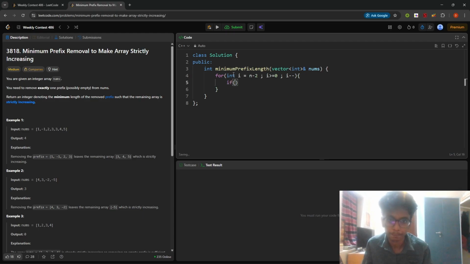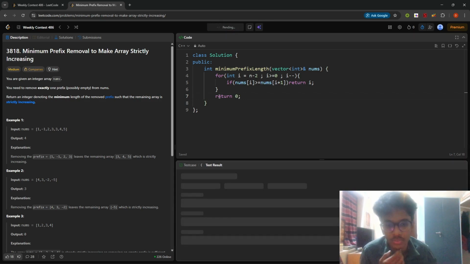If I find the failure condition, if nums of I is greater than or equal to nums of I plus 1, then I would simply return I, isn't it? Otherwise, if the whole thing is increasing, I need to be returning 0.